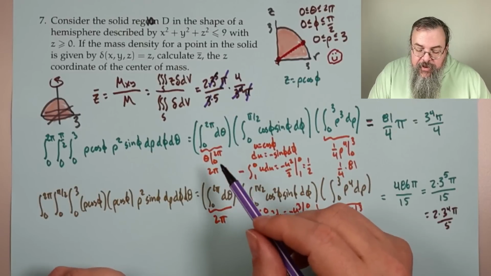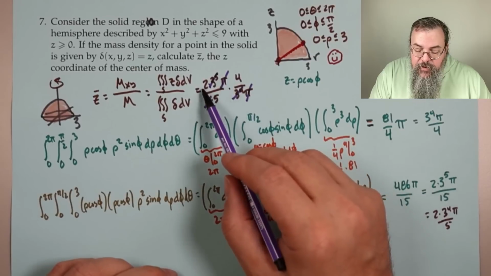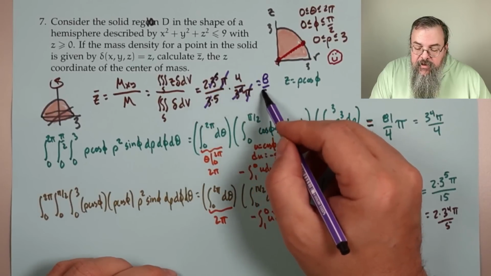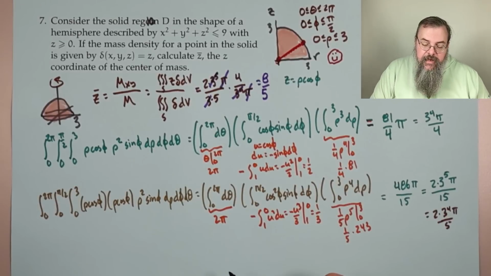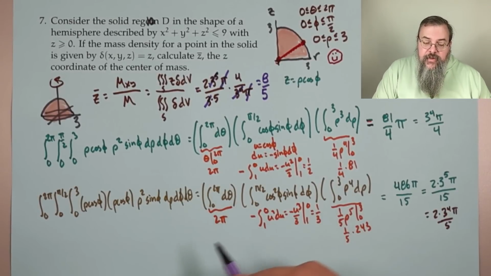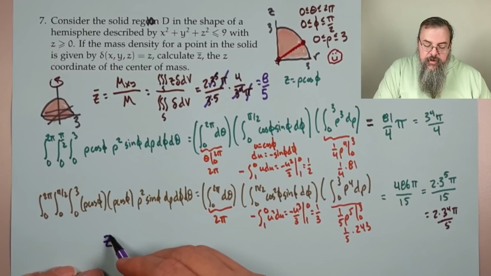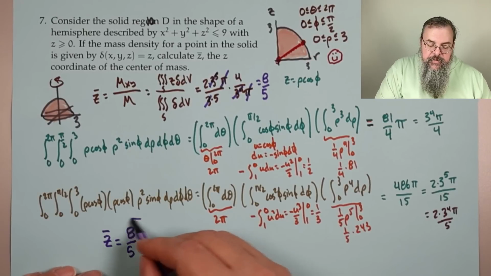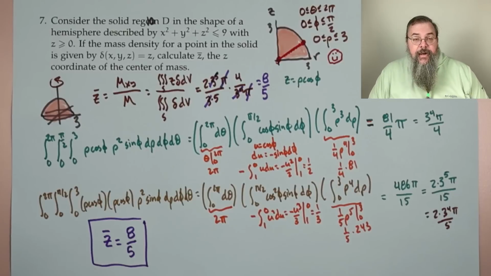So what does that leave us with? Well, it leaves us with 2 times 4 upstairs and 5 downstairs, or 8/5. And so that's the answer. We'll just write it down here so we can put it in a nice box. Z bar is 8/5.